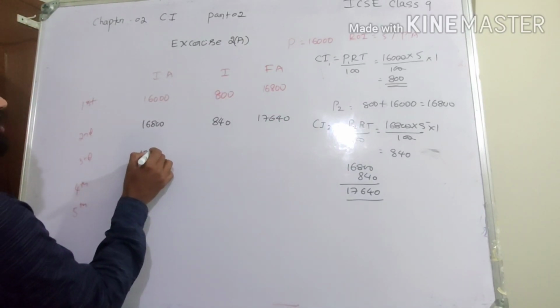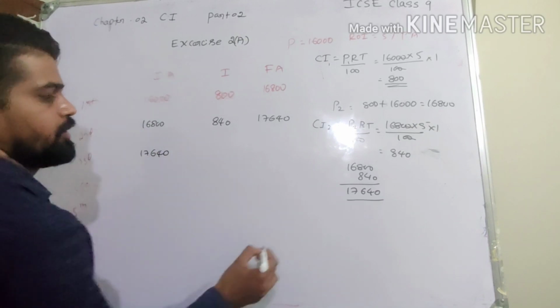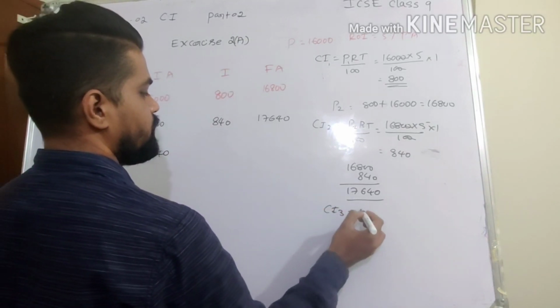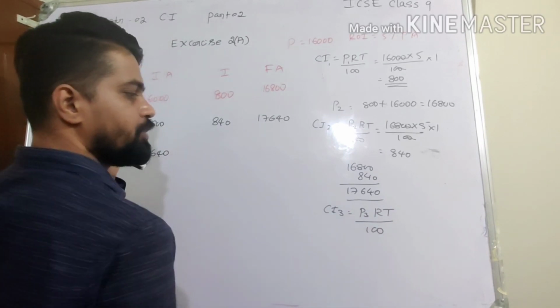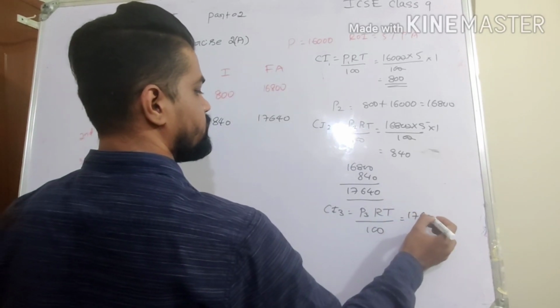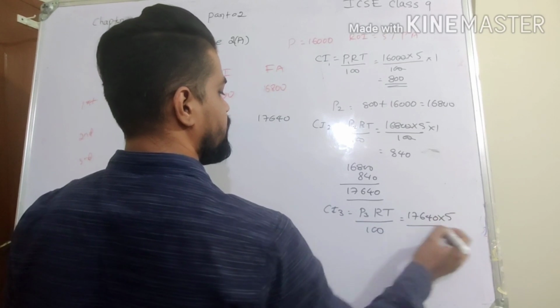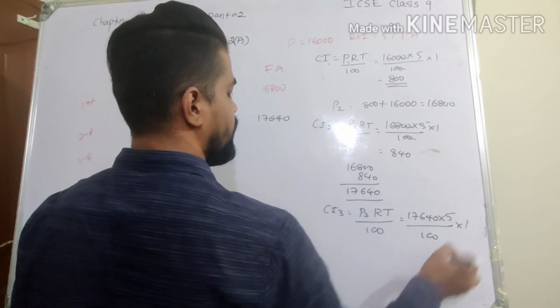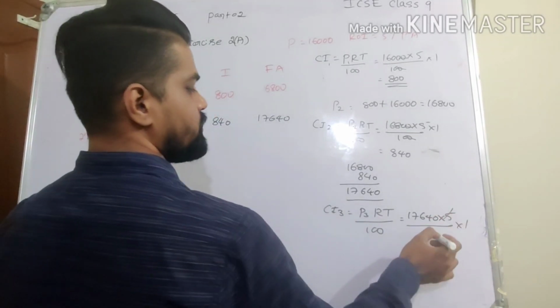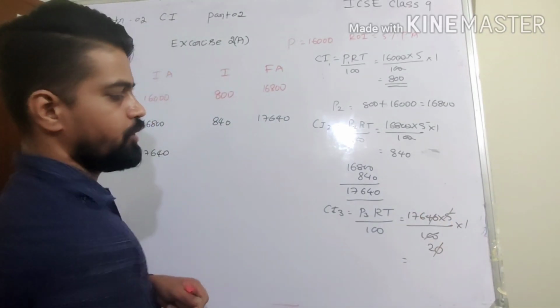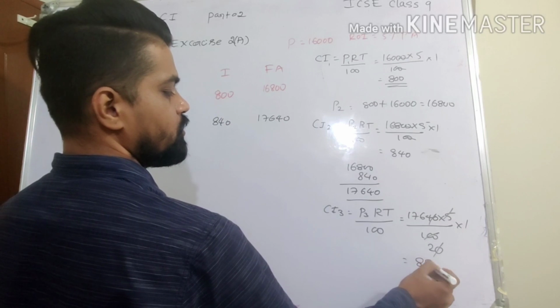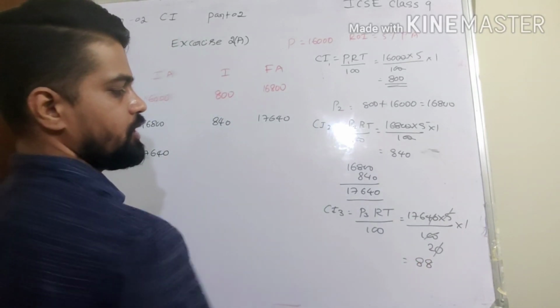This is the initial amount now, 17,640. So CI3 will be P3 RT by 100. P3 is 17,640 into 5 by 100 into 1. 5 ones are 5, 20s are, the 0 cancels, and we should divide by 2 alone. 2 8s are 16 and then 2.